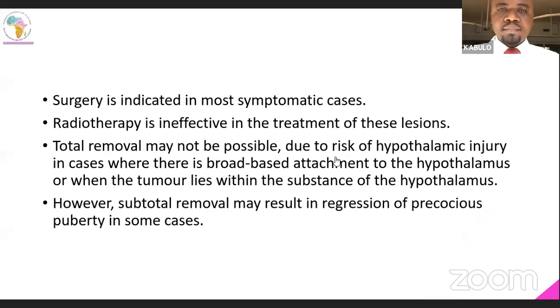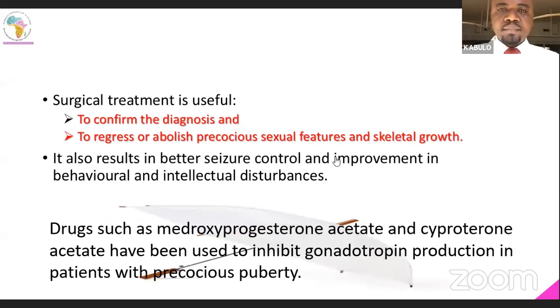Surgery is indicated in most symptomatic patients. Like I was saying, according to Ramamurthy, radiotherapy is ineffective in treatment of these lesions. So surgical treatment is useful to confirm the diagnosis. That's the main thing. And also to regress or abolish precocious sexual features and skeletal growth.